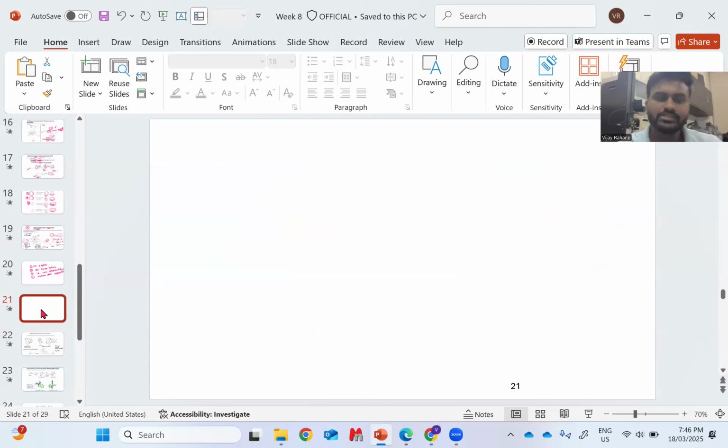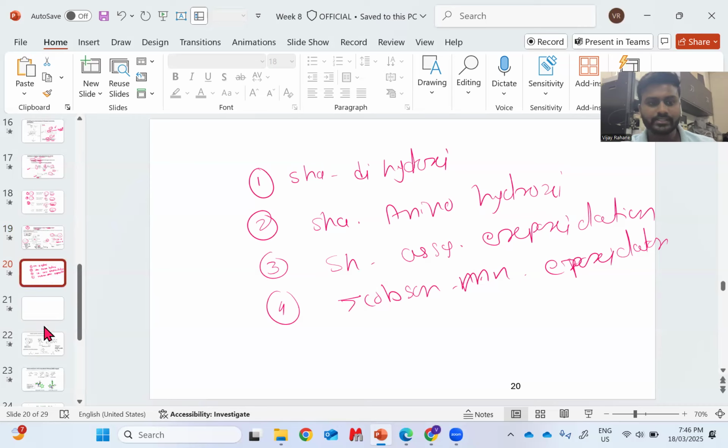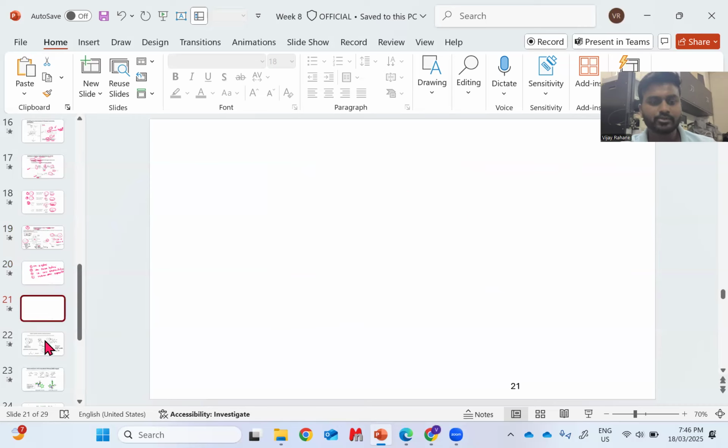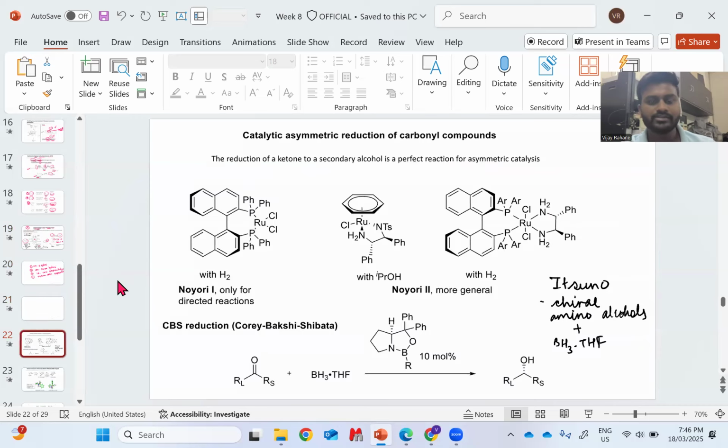Now we'll move towards some asymmetric reduction reactions. The previous four reactions were all oxidation reactions, but now we'll see reduction reactions, and we'll start with catalytic asymmetric reduction of the carbonyl. Before starting directly, we'll see some asymmetric catalysts that drive the asymmetric reduction of the carbonyl.